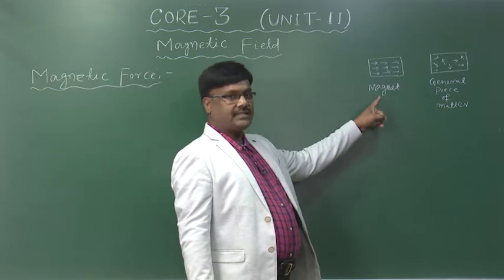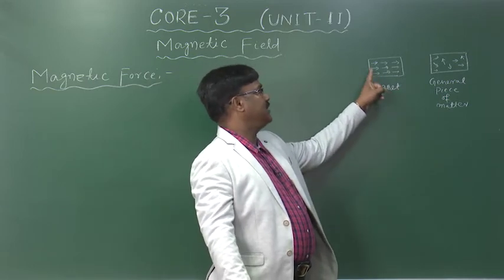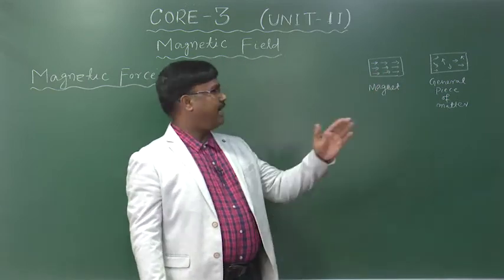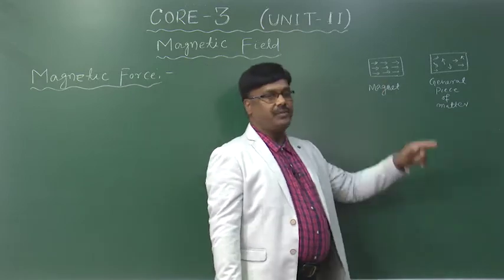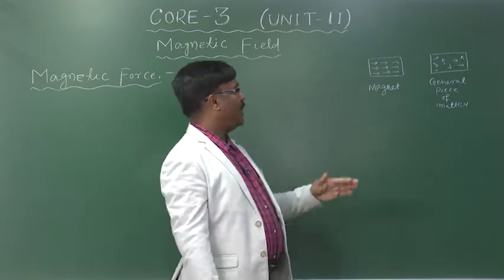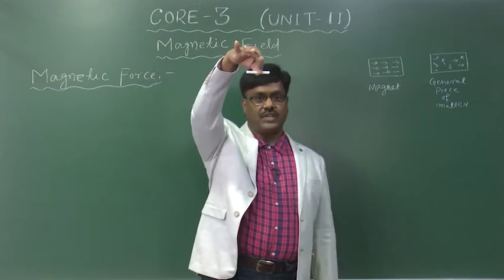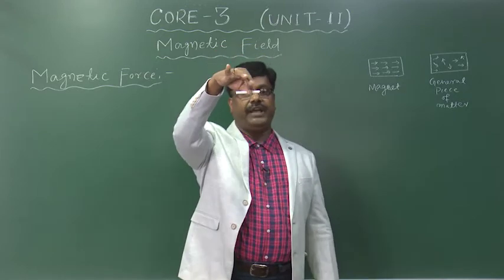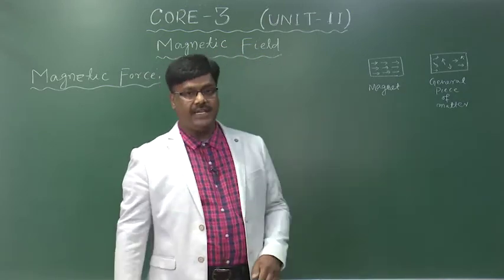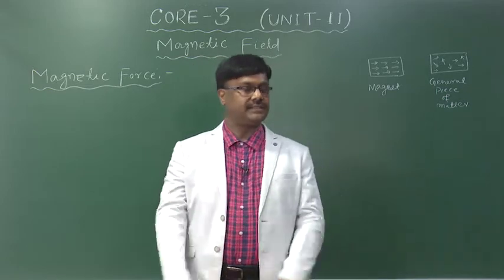So what is a magnet? It is a piece of matter in which the molecular dipoles are arranged in a regular geometric pattern and which always points in the geographic north-south direction when suspended freely on the surface of the earth.